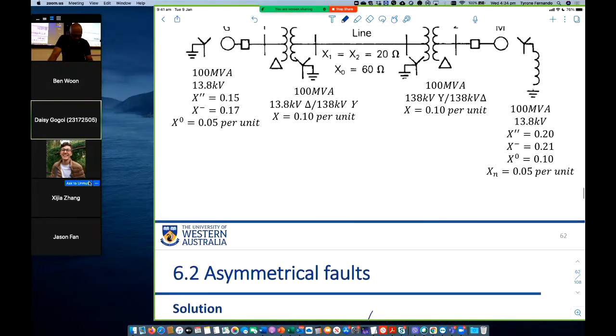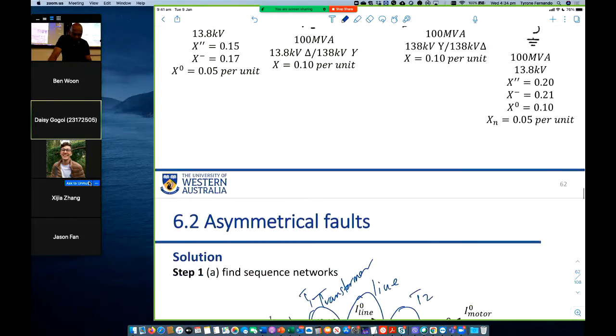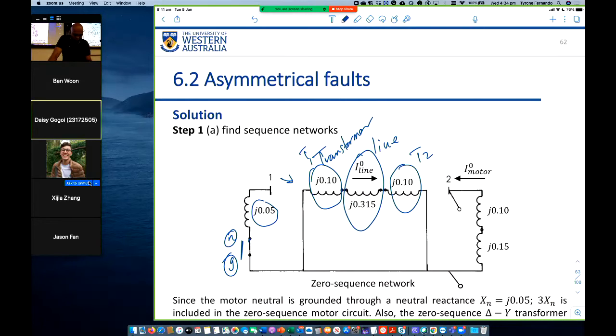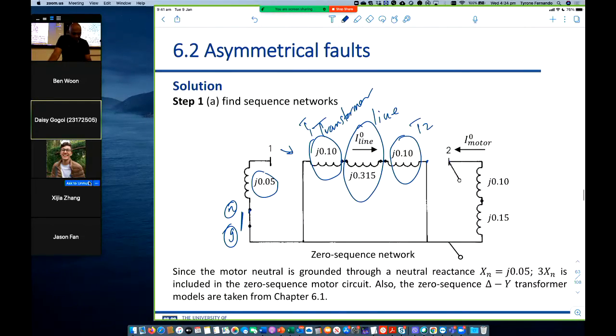So again, on the primary side there can be zero sequence, but on the secondary no zero sequence current can flow out. So nothing can flow from there to bus 2. Zero sequence current can't flow into bus 2 because the delta is not grounded. So that's what that gap is representing.